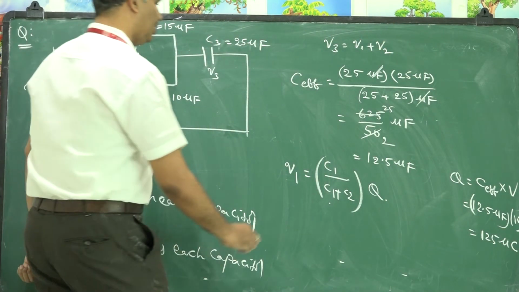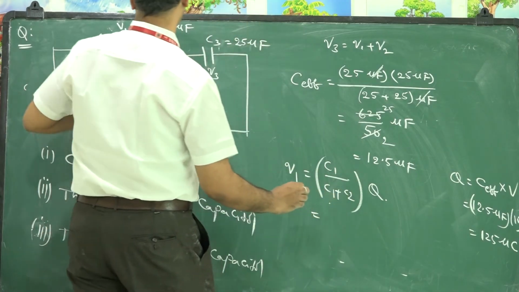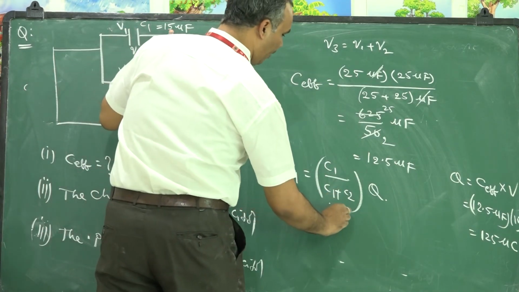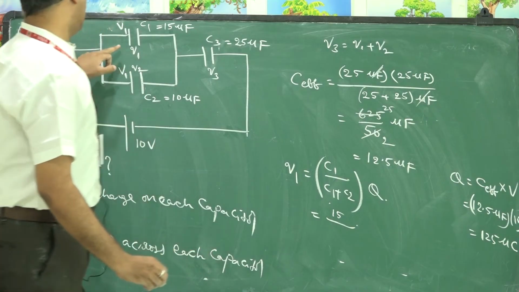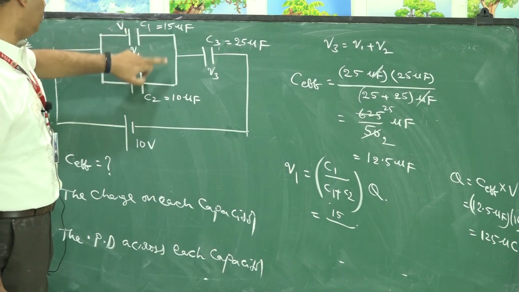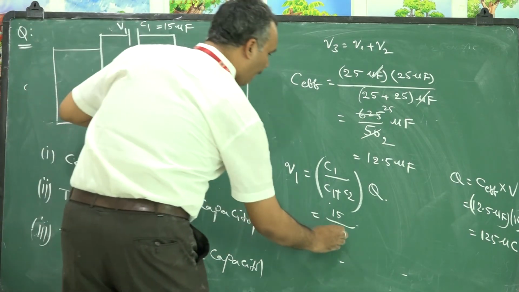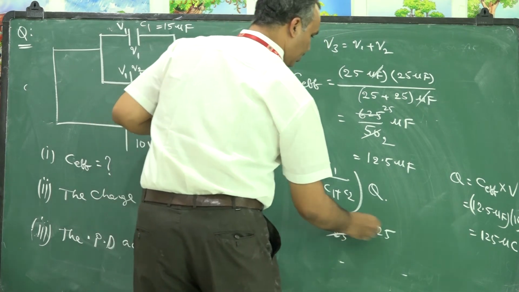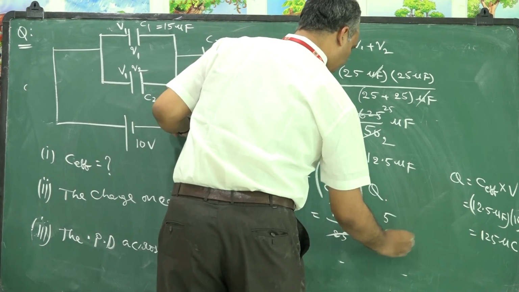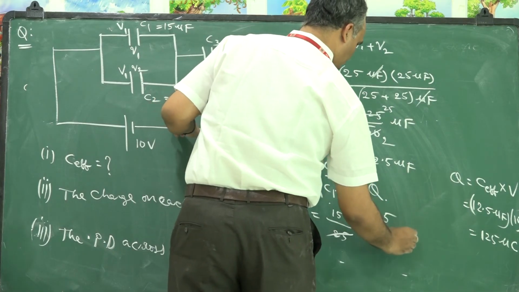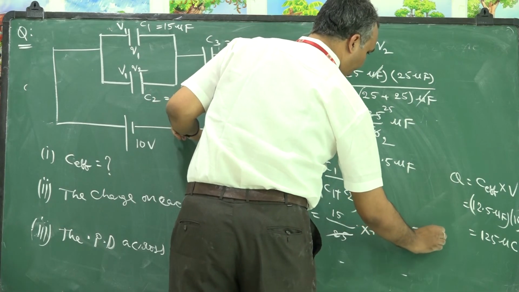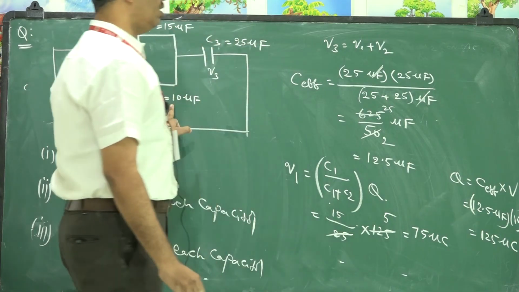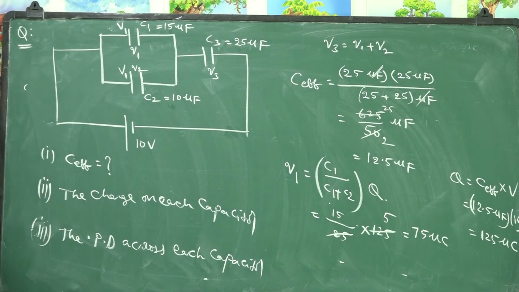So C1 by C1 plus C2, how much? 15 by 15 plus 10, 25, into 125. So it will go for 5 times. 75 microcoulomb is the charge on the first, Q1.